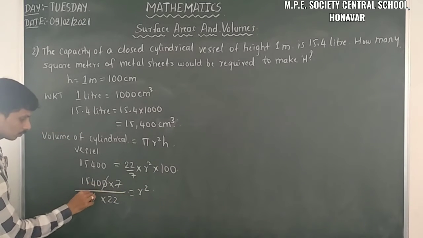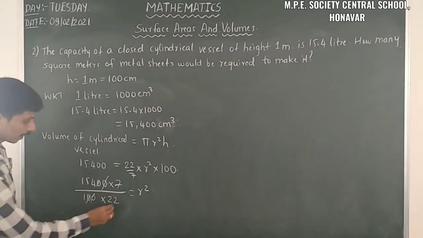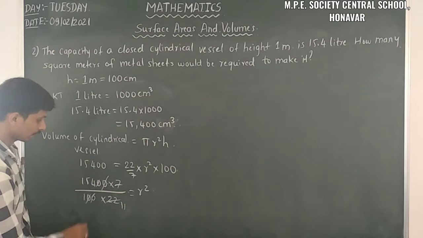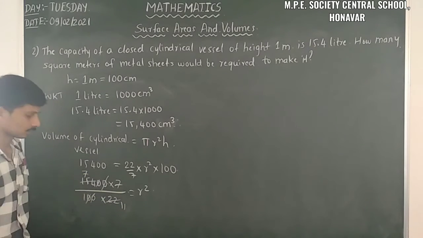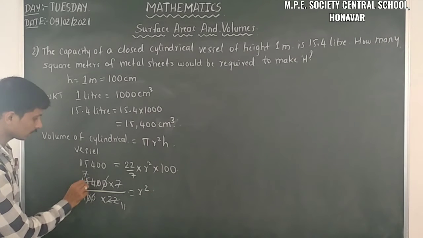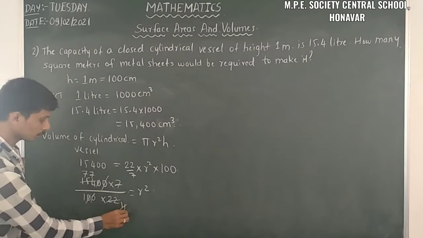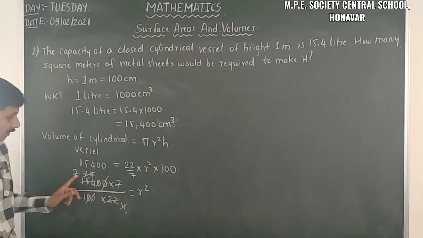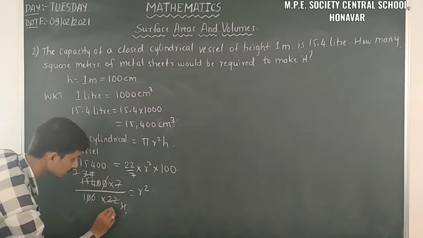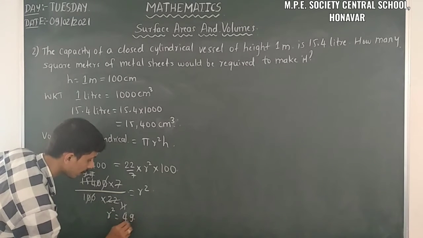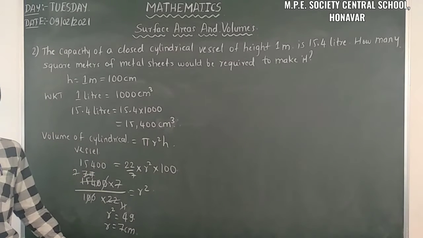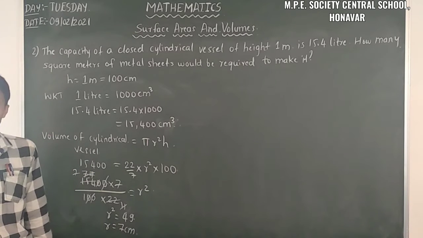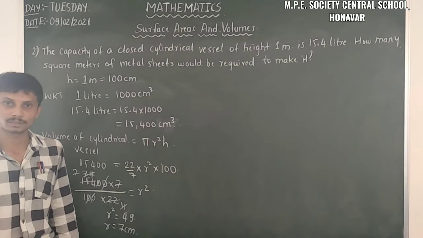And here I will cancel 2 zeros, and 2 into 11, and here 2 into 7, 14, and 1 remains, and 2 into 7, 14, 11 into 1 and 11 into 7. So that is 7 into 7, 49. That is r square is equal to 49, then r is equal to 7 centimeter is the answer. That is the radius we got here, r is equal to 7 centimeter.